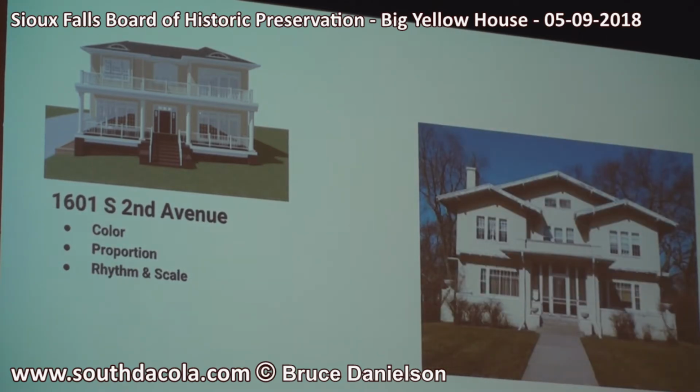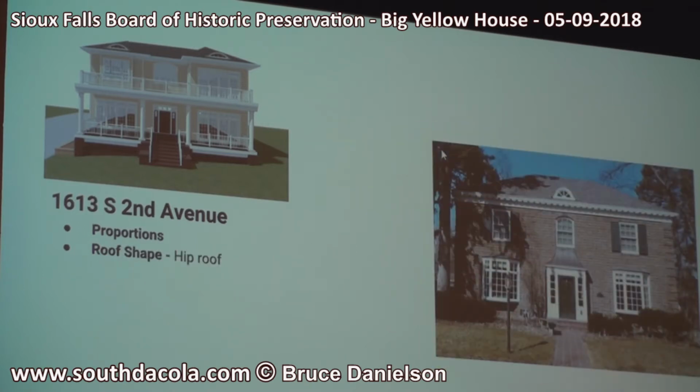1601 South 2nd Avenue. Again, very similar color, similar proportions, and rhythm and scale are all blending with what the design is. 1613 South 2nd, again, hip roof detail, fewer openings, a little bit more dental detailing on this.